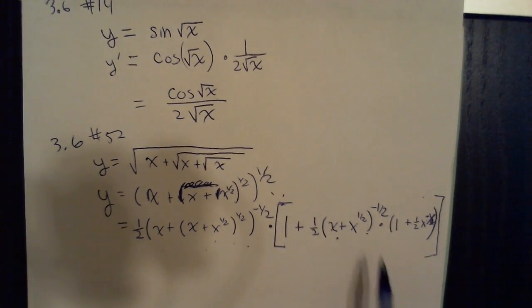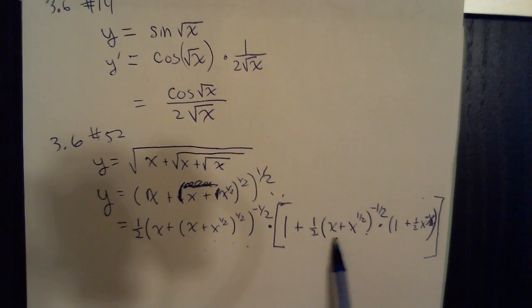Now this is the only thing that gets multiplied by that, because the chain rule applies here, and we're using the sum rule on this function out here. All right, that was an interesting one.